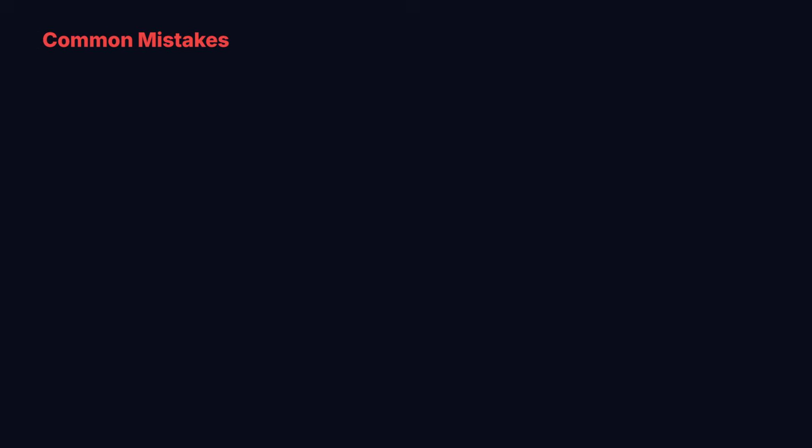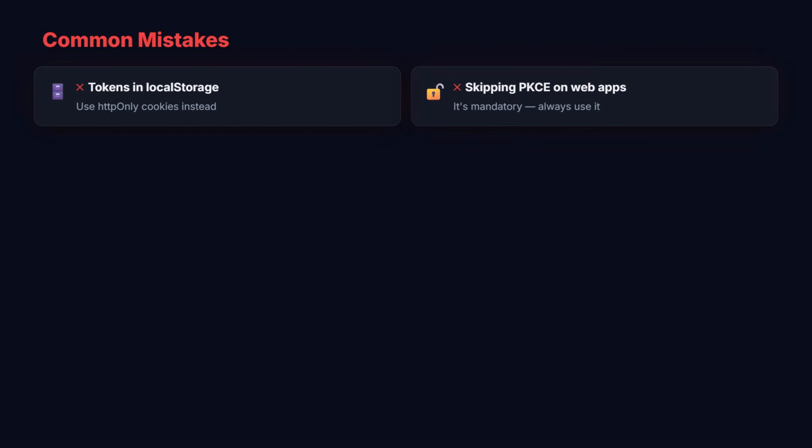Let's talk about 4 common mistakes developers make with OAuth. First, storing tokens in local storage. It might seem convenient, but it's risky. XSS attacks can easily grab those tokens. A safer approach is to use HTTP-only cookies, which aren't accessible from JavaScript. Second, skipping PKCE on web apps. That's no longer optional. PKCE is now considered essential.